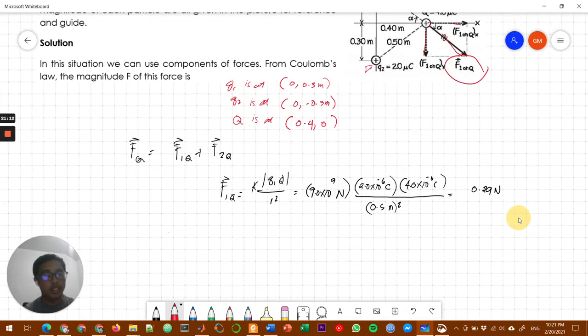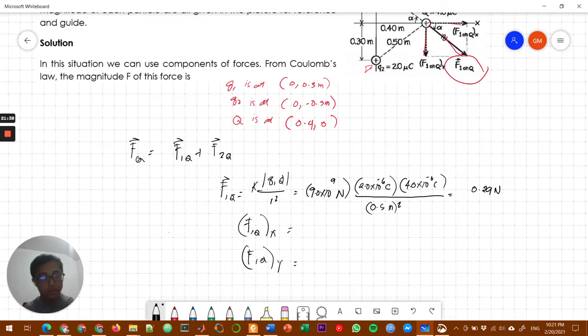We can write it as F1Q, the X component, and F1Q, the Y component. Let me try to solve the X and the Y components.